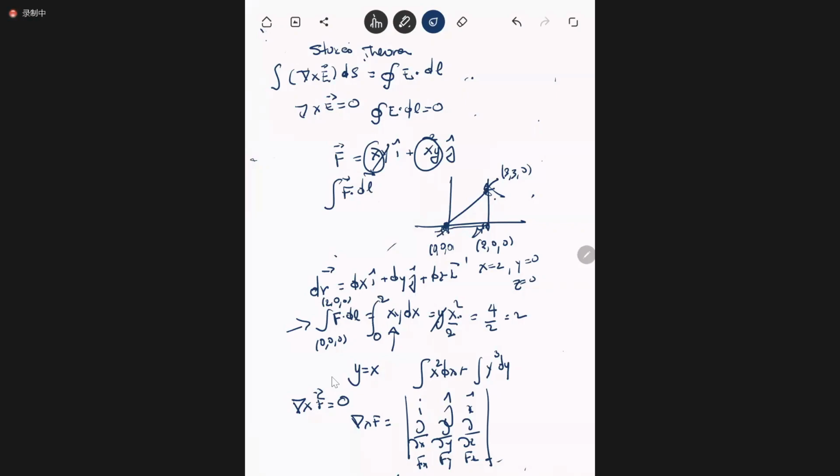And if the work done over there is equal to 0, it's a very strong indication that it's a conservative field. Any questions?